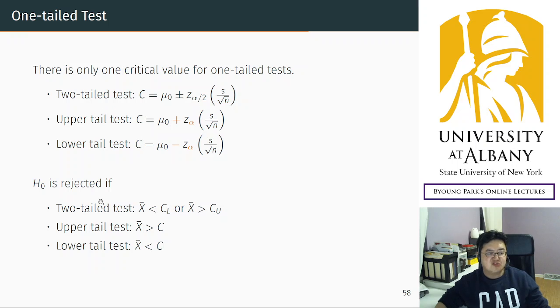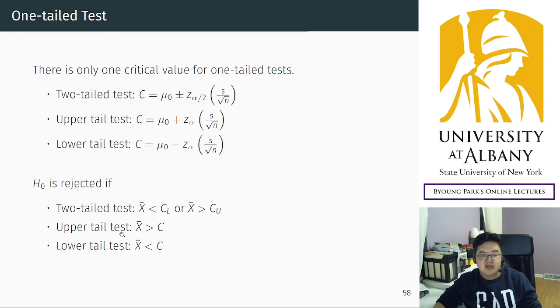So these two are the differences. And then the rejection rule is the same, right? Once the critical value is given, the idea is the same. We are going to reject the null hypothesis if the sample average is beyond the critical value. The critical value is a threshold cutoff, right? If it goes outside of that, then reject. But it depends on the direction now.